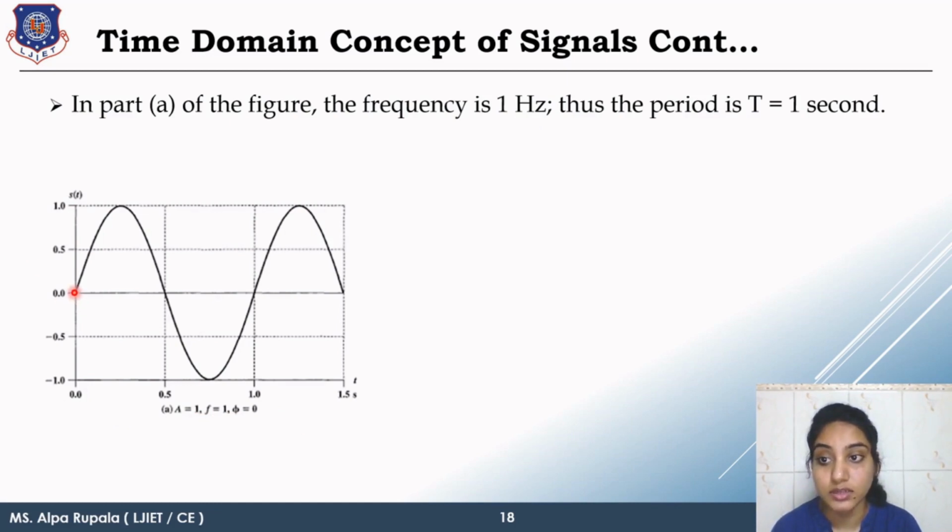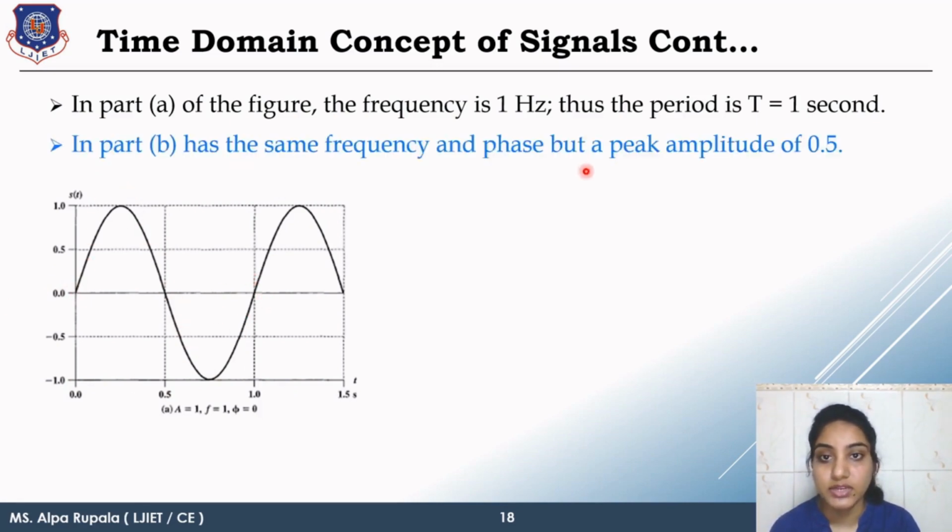So our signal will start from this point, go to 1 volt, the maximum peak value, and will go down after that. The frequency is 1, that means for 1 second, only one signal will repeat itself.